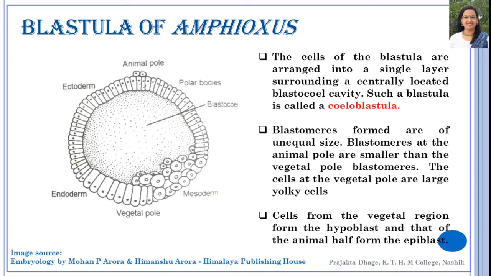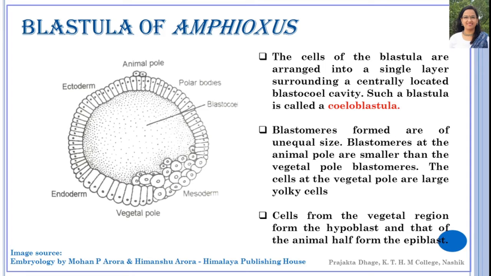As a result of cleavage, the blastomeres, which means the cells, that are formed are not of equal size. The blastomeres near the vegetal pole of Amphioxus blastula are slightly larger than those of the animal pole.